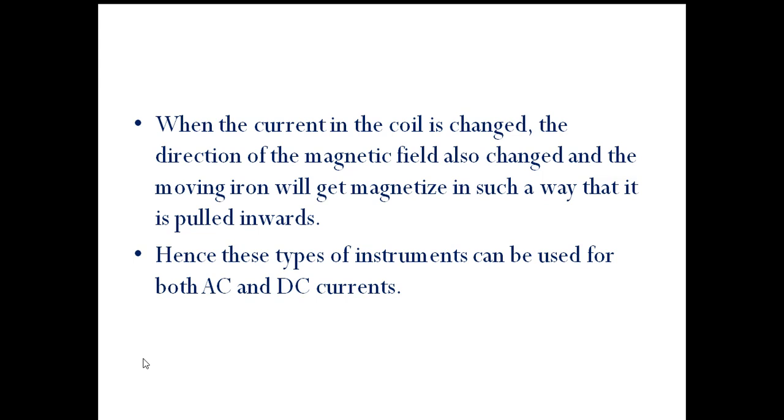When the current in the coil is changed, the direction of the magnetic field also changes, and the moving iron will get magnetized in such a way that it is pulled inwards. Hence, this type of instrument can be used for both AC and DC currents.